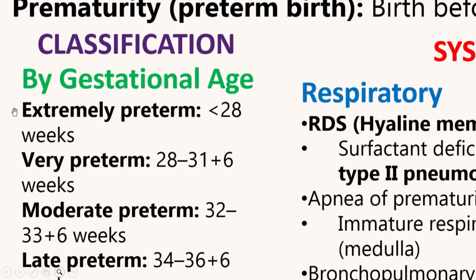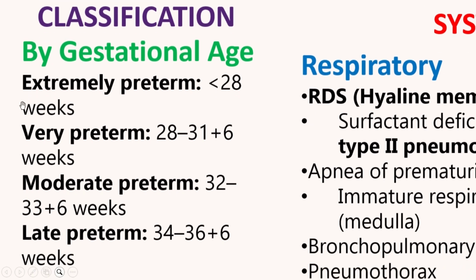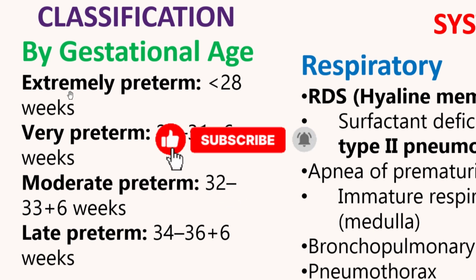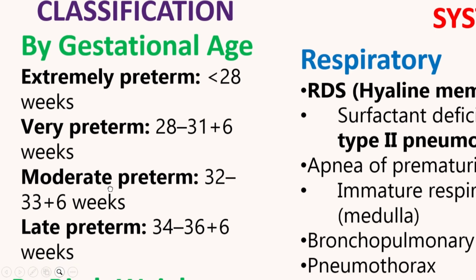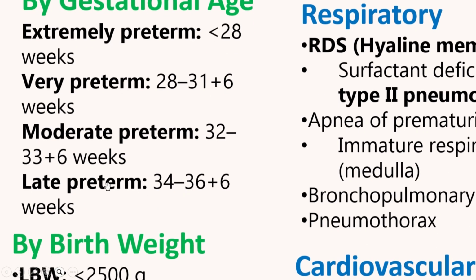So we have the classification by gestational age, and this is going to be divided into the extremely preterm, that is anything below 28 weeks of gestation, the very preterm, the moderate preterm, and then the late preterm. The very preterm infant is going to be more than 28 weeks but less than 31. And when you enter the territory of 32 to 33, you are in moderate preterm. And then the late preterm is the baby at 34 weeks to 36 weeks and 6 days.